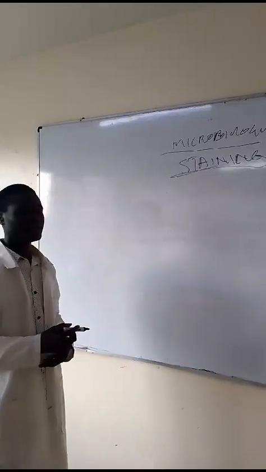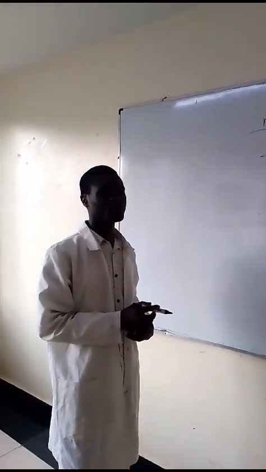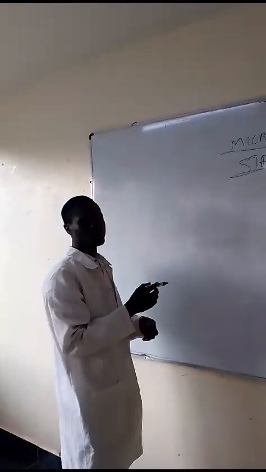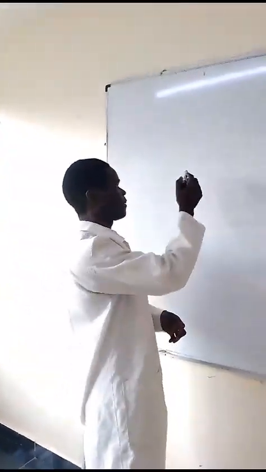After that, you should also know how to classify bacteria according to their shape, arrangement, and structure. Lastly, you should be able to perform the procedure on how you can do any staining in the lab. So this is what you should know as a student at the end of this topic.